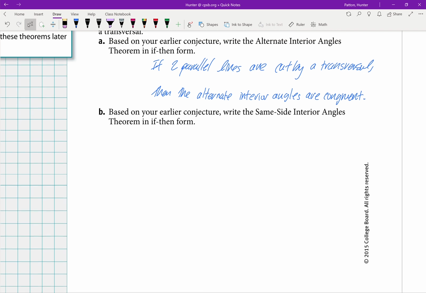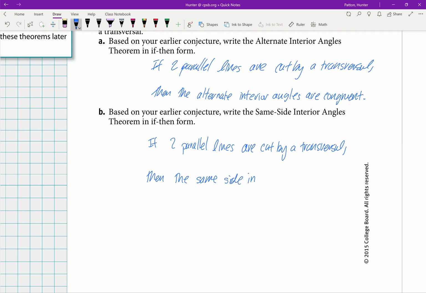Alright, for same side interior angles theorem, we're going to say it is if two parallel lines are cut by a transversal, then the same side interior angles are supplementary, because that is what we guessed earlier.